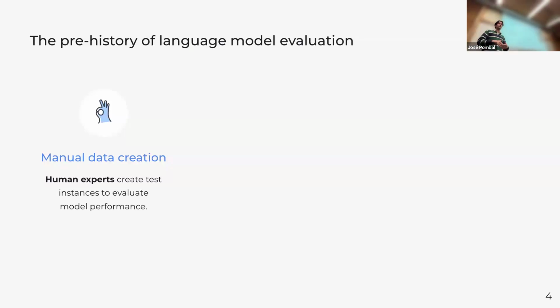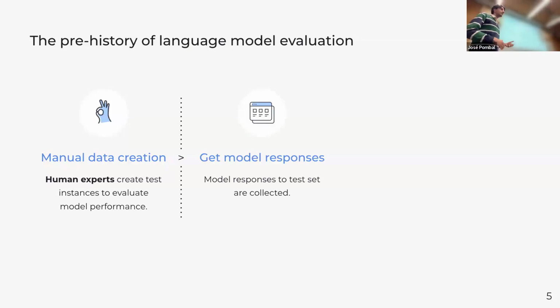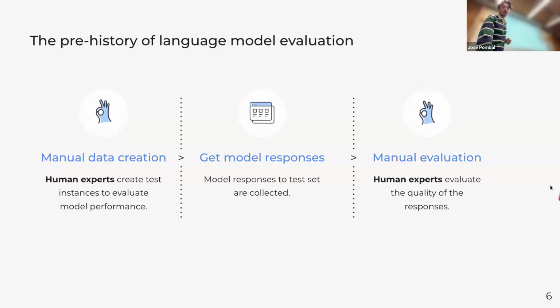For question answering, it would be questions about any topic. Then you'd get model responses over those instances, and you'd also do some evaluation with human experts. So this is the ideal case. If you want to get a really good notion of whether your model works or not, you do this: all humans through and through, you have human experts evaluate the responses that your model gives.